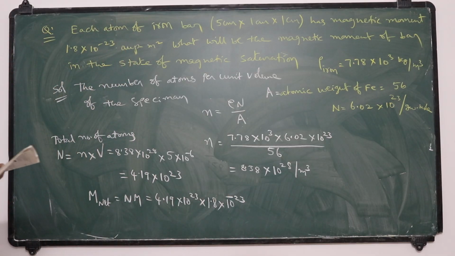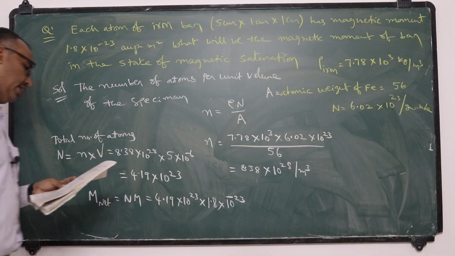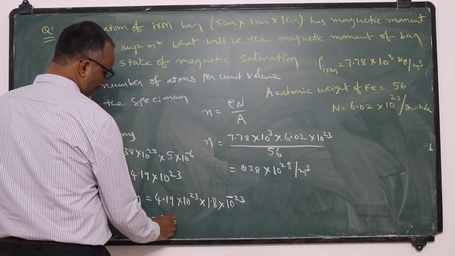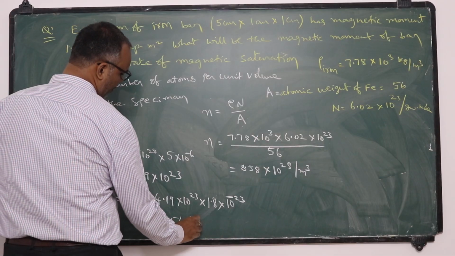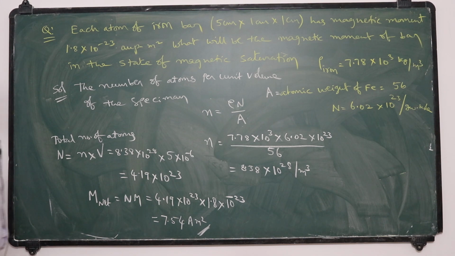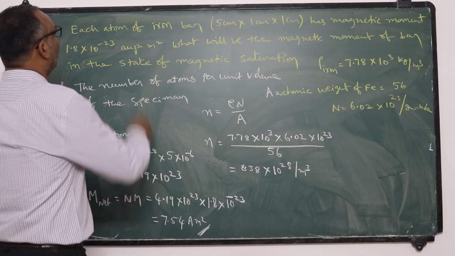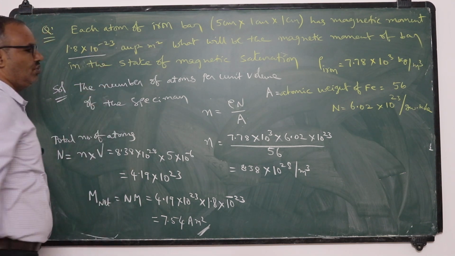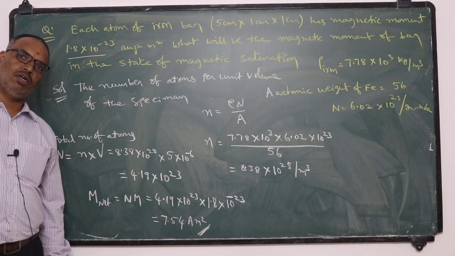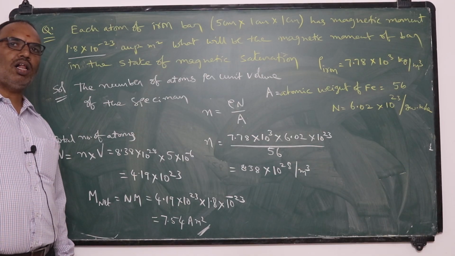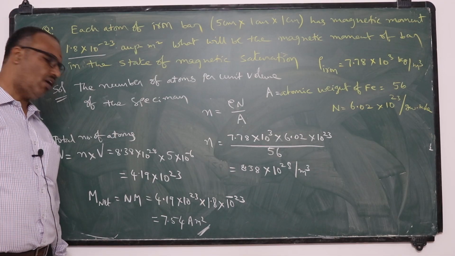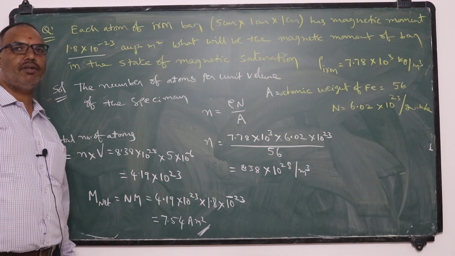On multiplying this, you will get 7.54 ampere meter square. This is the net magnetic moment of the entire bar. Each atom has this much magnetic moment, and I need the total magnetic moment, so we should take the magnetic moment of all the atoms into consideration.